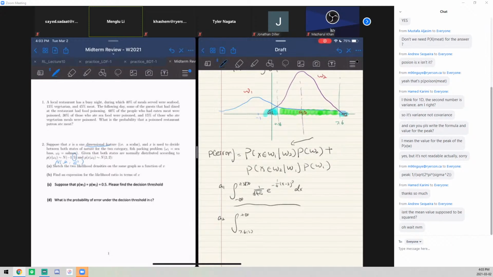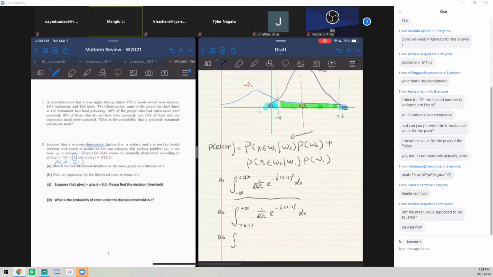It's also under the purple line, so we plug in the equation for class 2. We do the same for A3. A3 is bound by 2 boundaries.